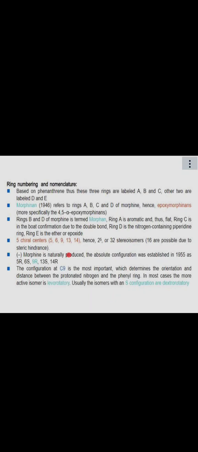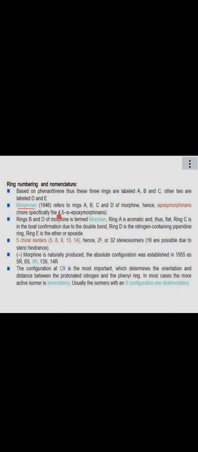We've already looked at ring numbering, so I don't think there is anything new. We have seen morphinan. If you look at the morphinans, like levorphanol, we said it does not have the furan ring, so sometimes they are called 4,5 alpha epoxy morphinans. The morphinan refers to rings A, B, C, and D of morphine, hence epoxy morphinans, more specifically 4,5 alpha epoxy morphinans.